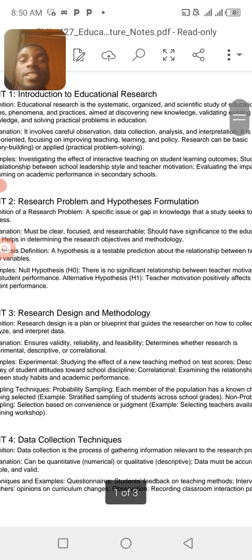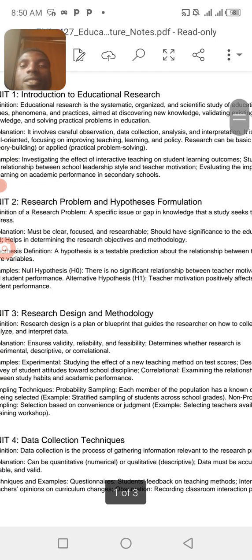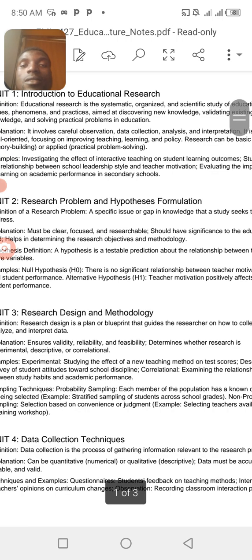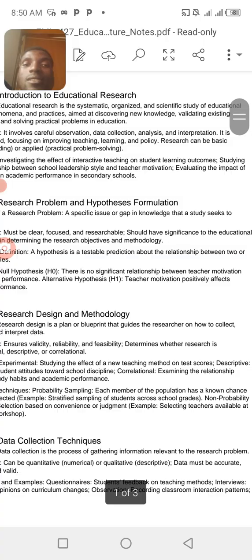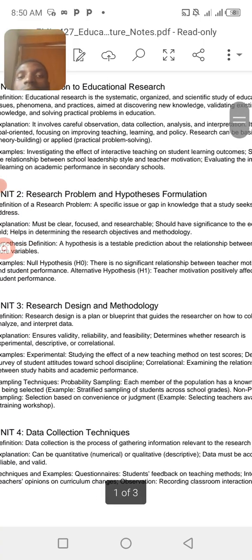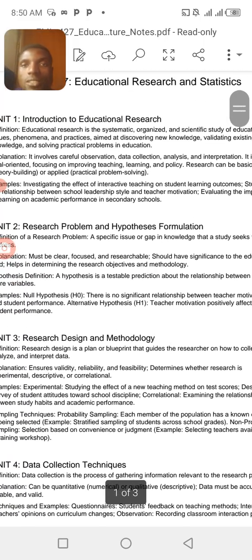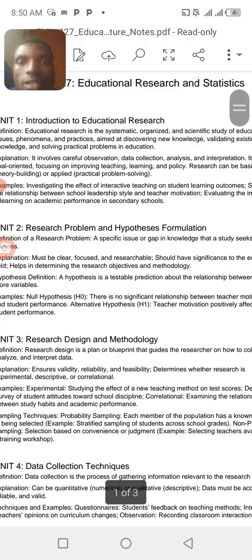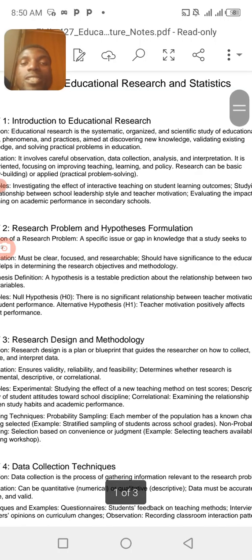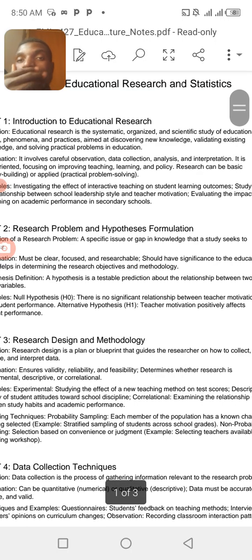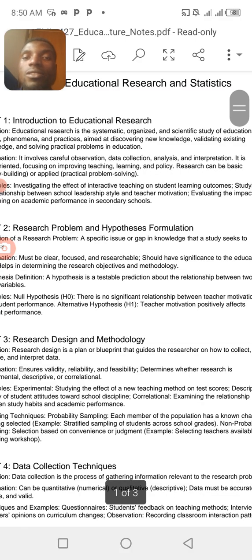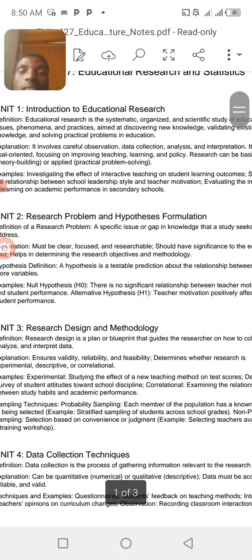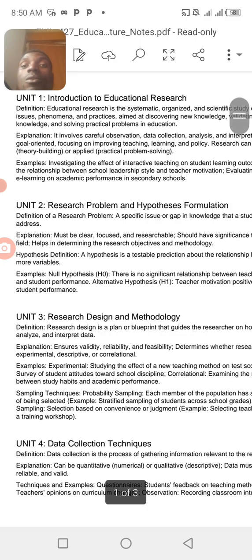Now, in the explanation, I want you to understand that it involves careful observation. You must be very careful when it comes to observation, data collection, analysis, and interpretation. When you are carrying out your educational research work, all these are very pivotal, very important. Now, it is goal-oriented.